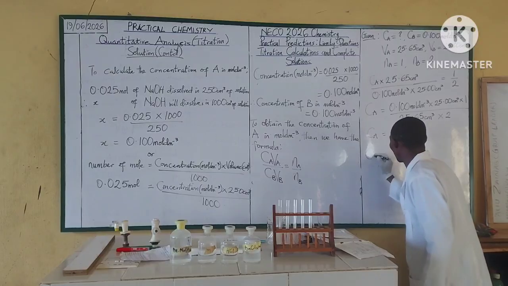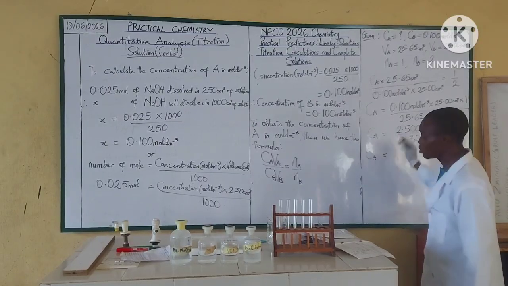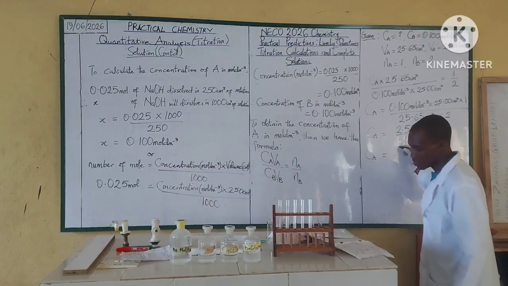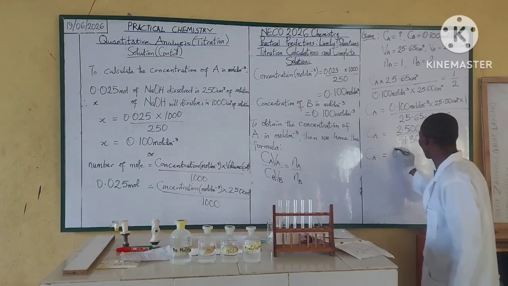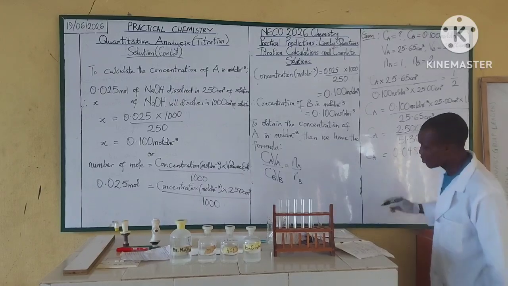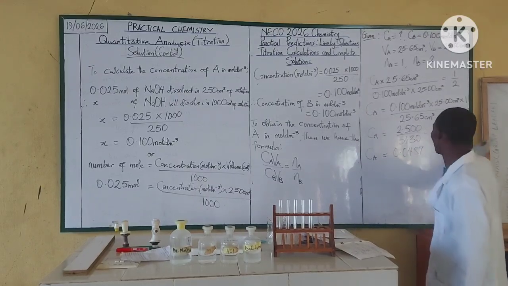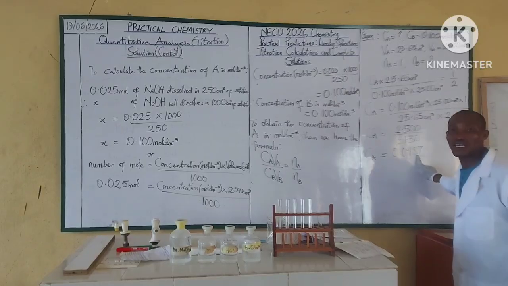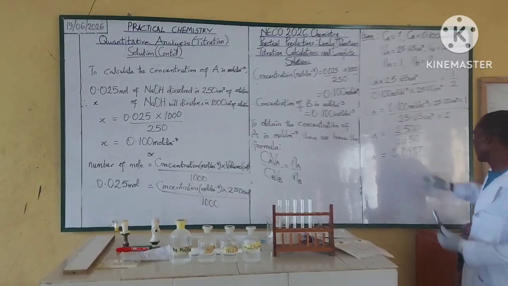Then, if you press your calculator, you are going to obtain 0.0487 and so on, but to 3 significant figures.